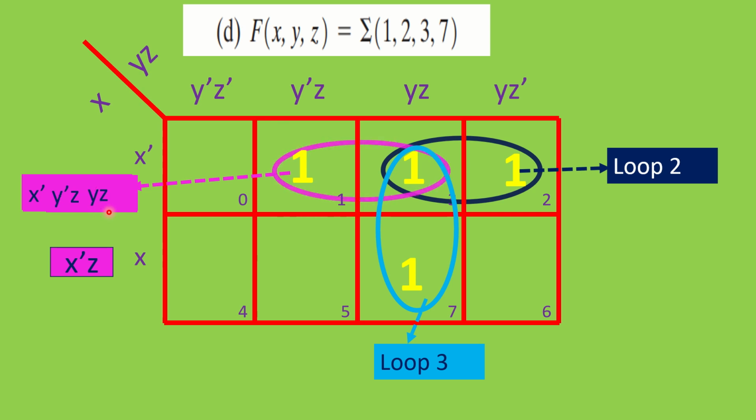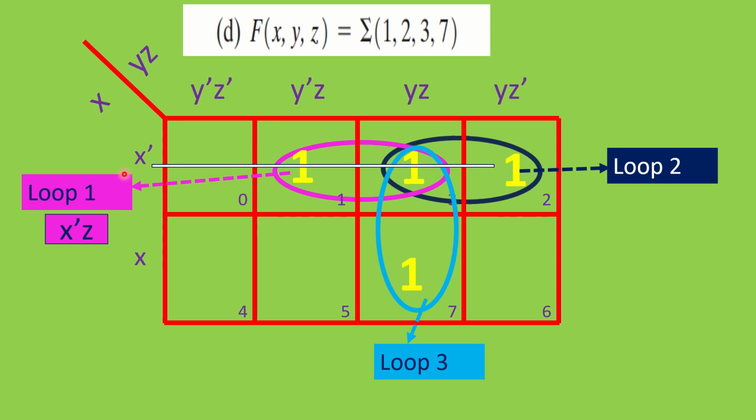Now we move on to loop 2. This loop 2 covers the third cell and the second cell. These two correspond row wise to the literal x', so we mark it here. Then column wise, the third cell is covered by yz, so we mark yz here, and the second cell corresponds to yz', so that can be marked here.